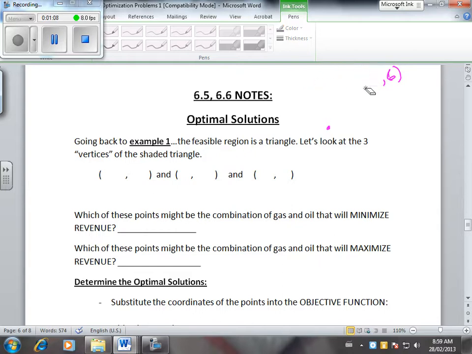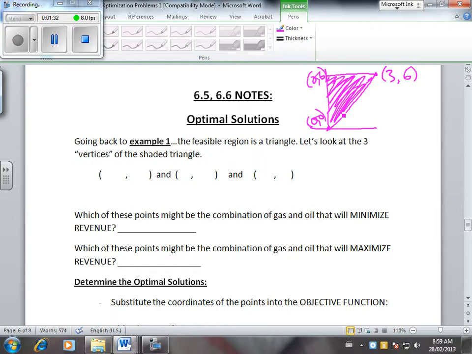Let me just redraw that. Okay, so 3, 6, 0, 6, and 0, 0. And so this is our feasible region within this pink triangle.